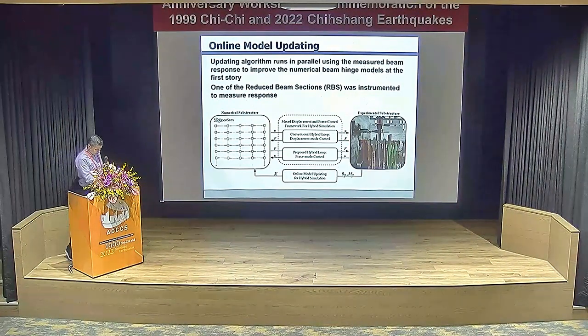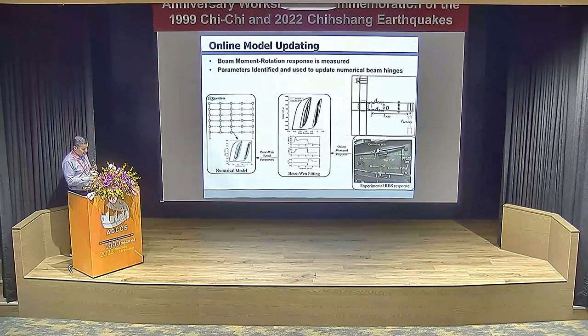And so basically, because in our specimen we had reduced beam sections on the element that we're not really using as part of the substructuring strategy, but because we could measure the hinge, we could actually send back and update the models in the numerical element. And that helped quite a bit in terms of the substructuring strategy and getting a better correlation between the numerical and experimental model.